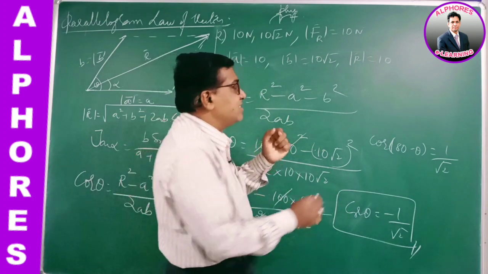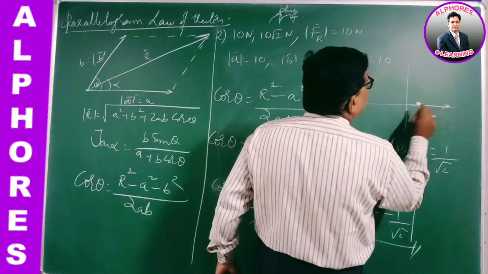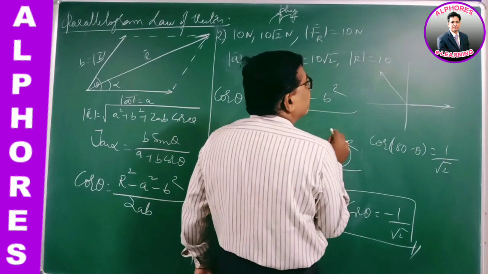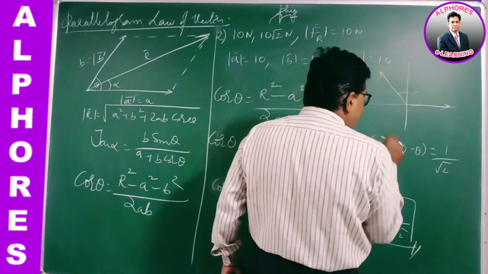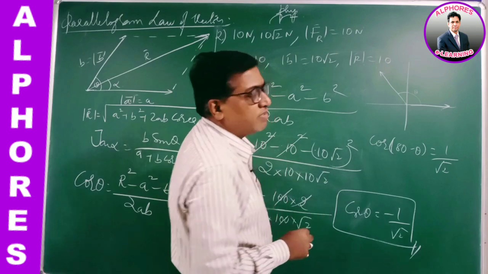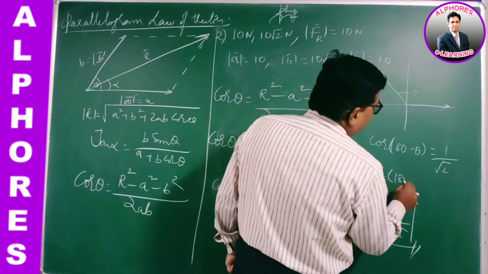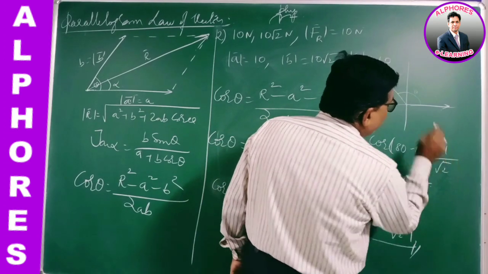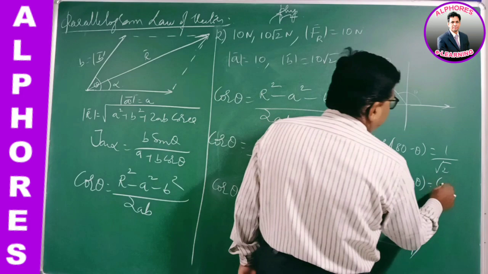If the first vector is along this, the second vector is in this direction. So the actual angle I want is this. To convert this to positive, you can write cos of 180 minus theta is 1 by root 2. But according to trigonometry, the value 1 by root 2 for the cos function is at cos 45.